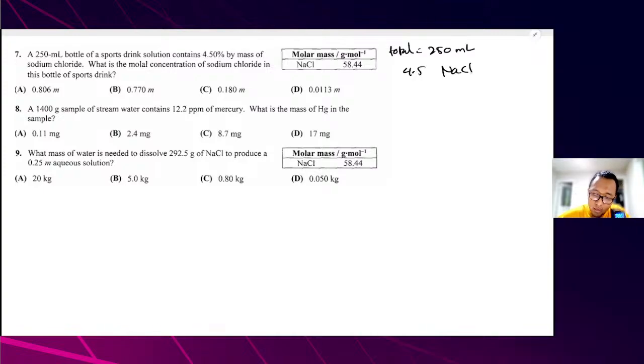What is the molar concentration of sodium chloride in this bottle of sport drinks? Now assume we have 250.